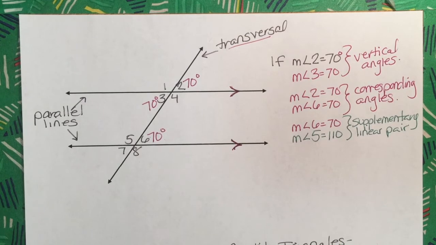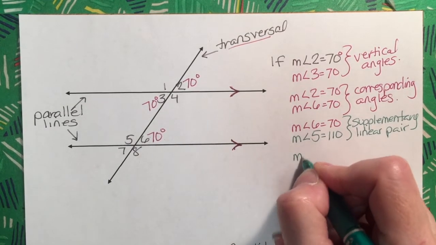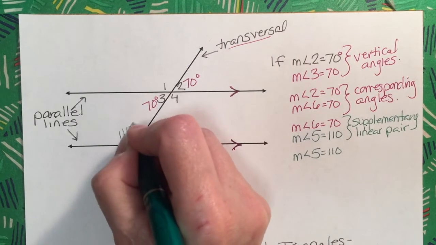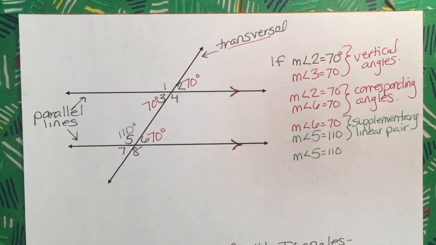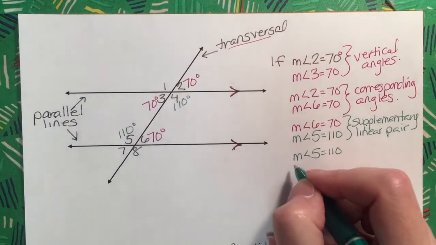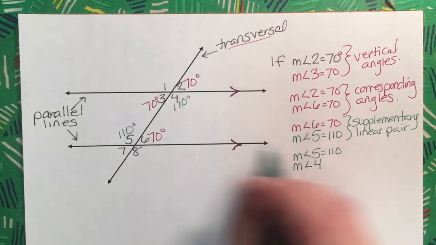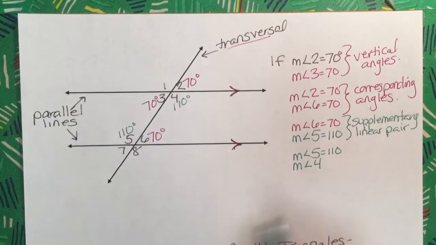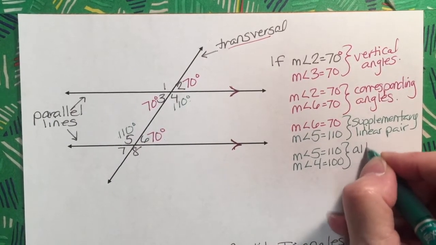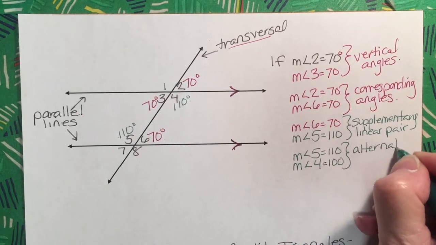Okay. Now, if angle 5 is 110, angle 4 is 110. And how do we know that? Angle 5 and angle 4 are what is called alternate interior angles.